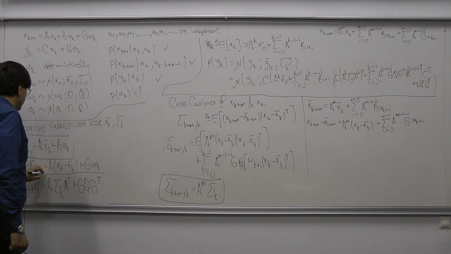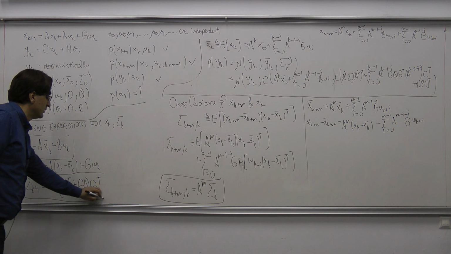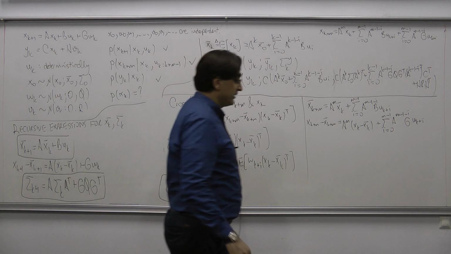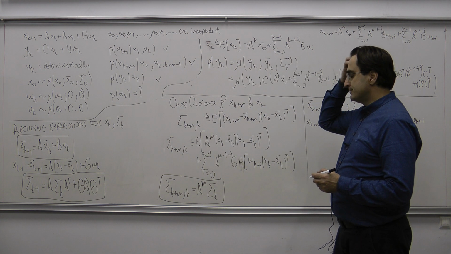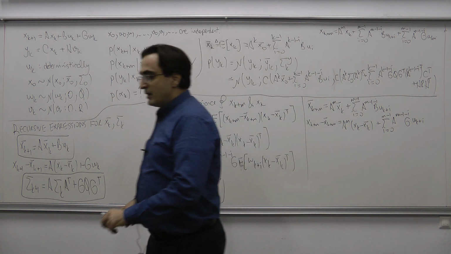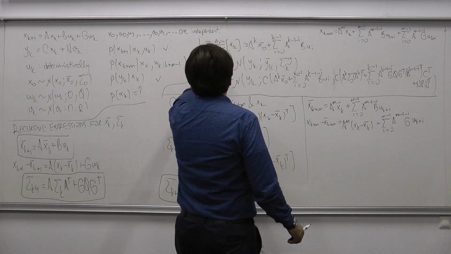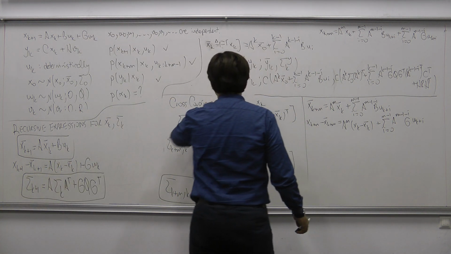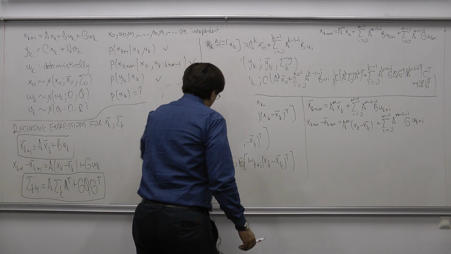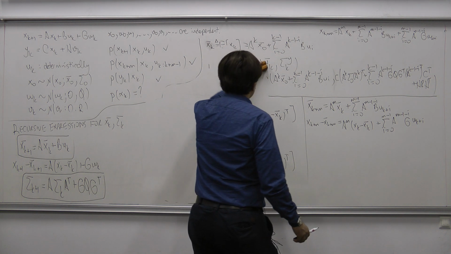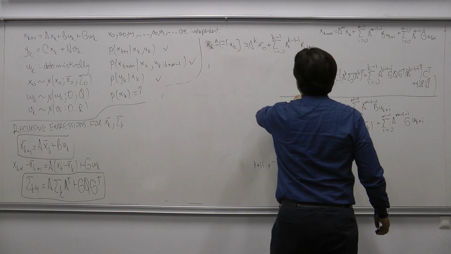So this is a recursive expression for the covariance of the state. As I told you here, I can actually obtain similar expressions using the final formulas for xk bar and sigma k.